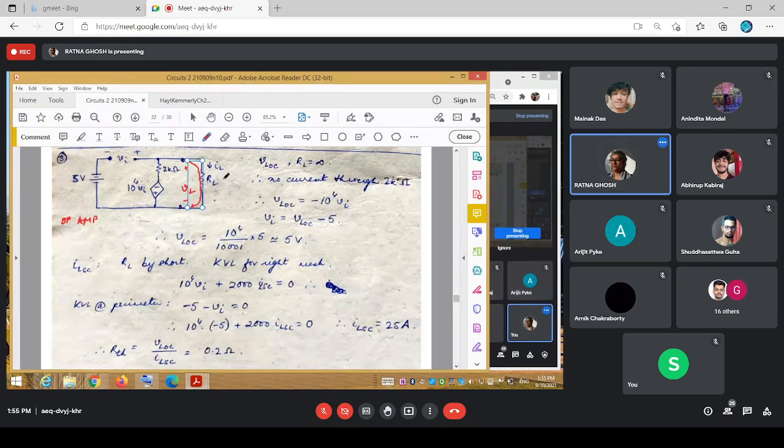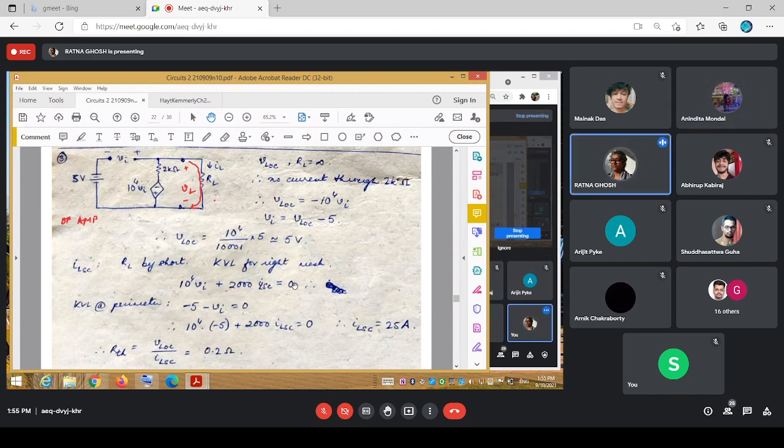So what happened is we now have this as a loop. So if it's this particular loop, what is the KVL there? 10 to the power 4 VI plus twice of what is the current? ILSC is the short circuit current, 2 kilo ohms, this is equal to 0.